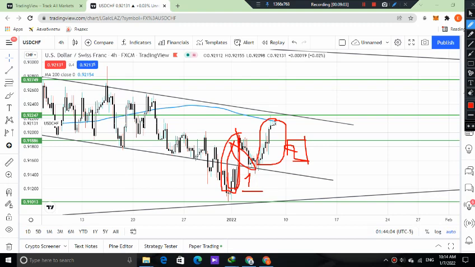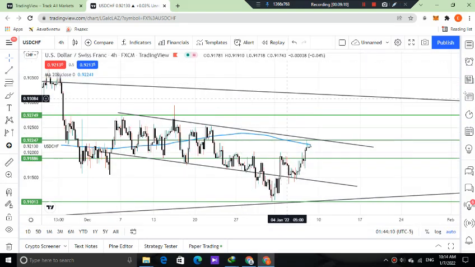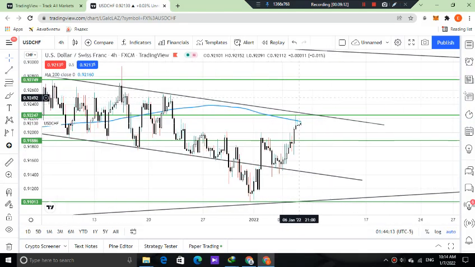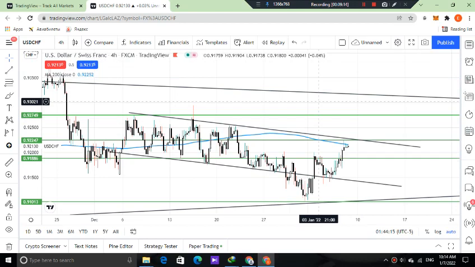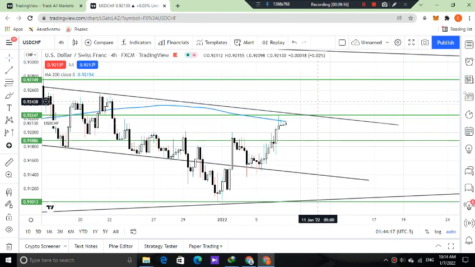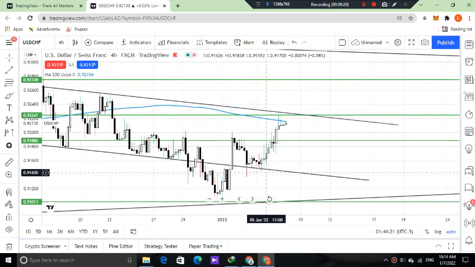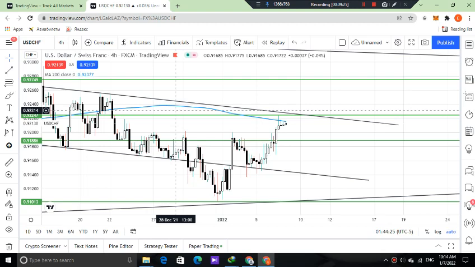And the third leg is not promising. Okay, it's not guaranteed, but I prefer not to buy it, because if you want to buy it, this area would be a good place for that.